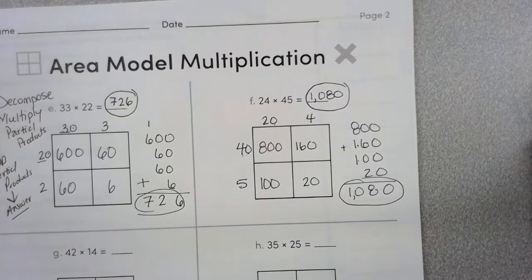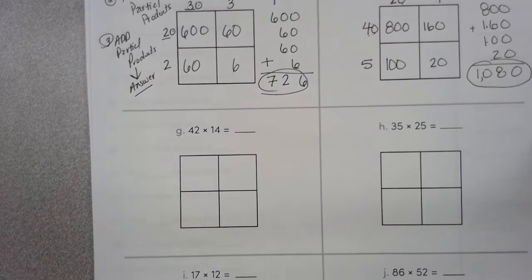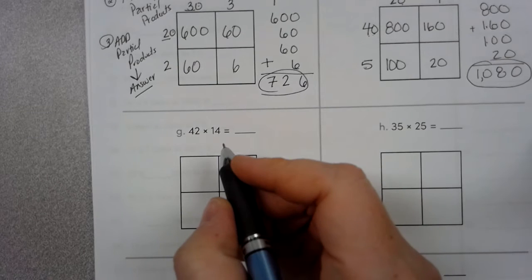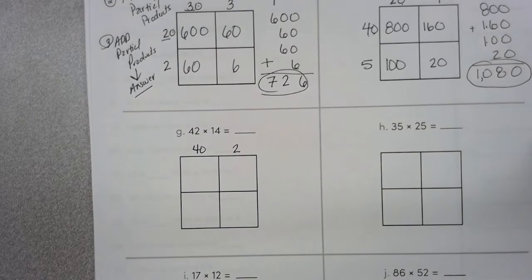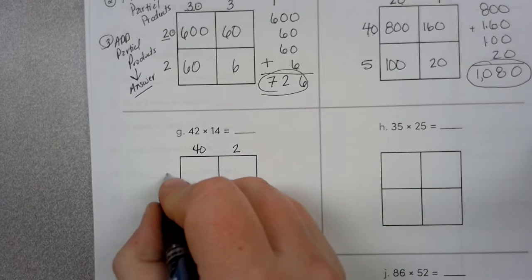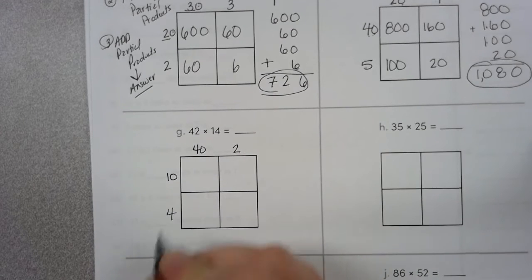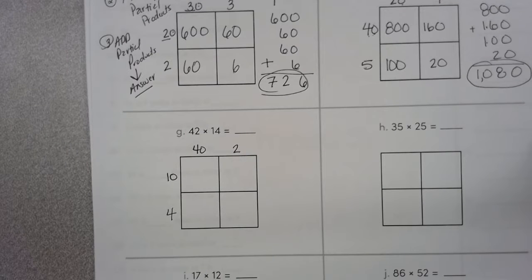Now, see, it just takes practice. Practice, practice, practice, and knowing your multiplication facts. All right, now, 42 times 14. So 42 times 14, we decompose. 42 decomposes into 40 and 2. 14 decomposes into 10 and 4.